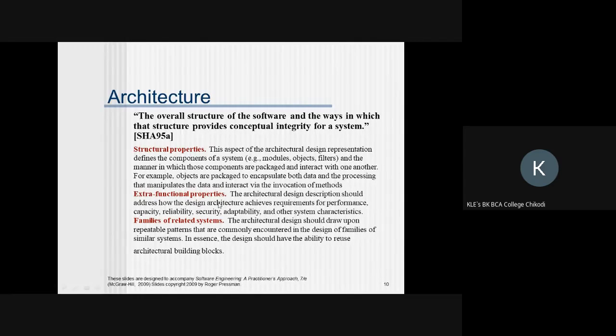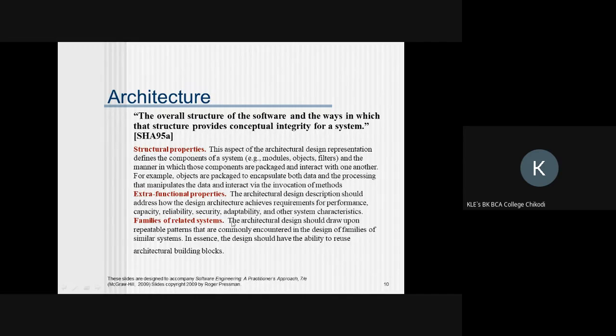Extra functional properties. The architectural design description should address how the design architecture achieves the requirements for performance, capacity, reliability, security, adaptability, and other system characteristics. These are the parameters for measuring how good the architecture is.